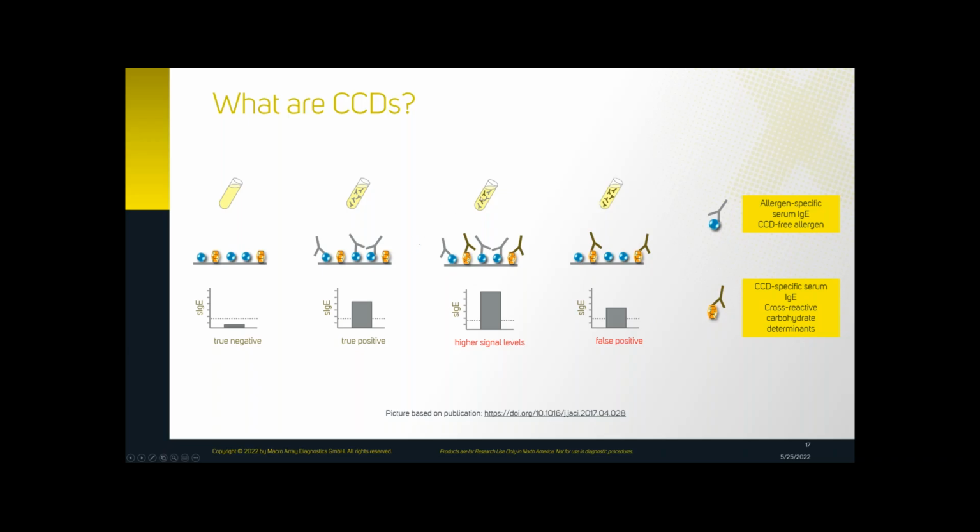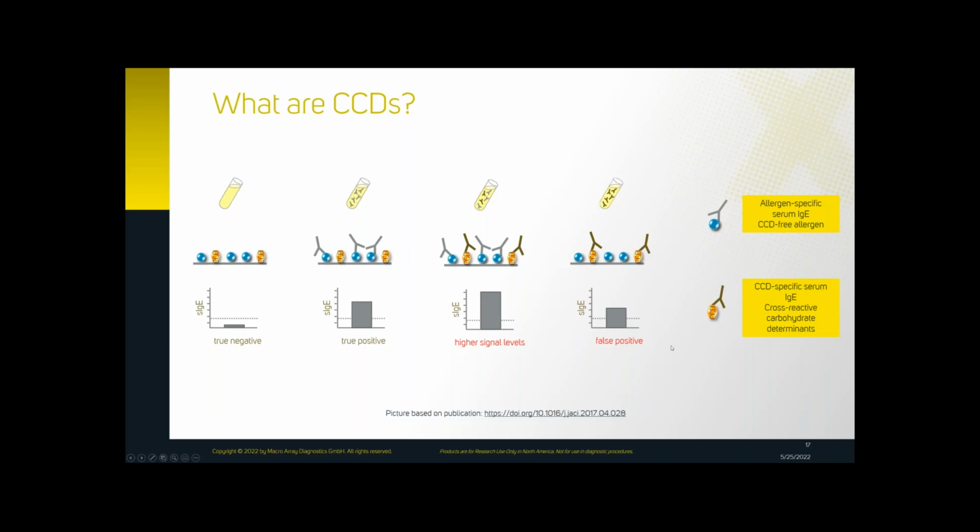If you have both IgEs that are directed against allergens but also against CCDs, you will receive a falsely elevated or higher signal. And if you have only IgE antibodies directed against CCDs, you will receive a false positive result.